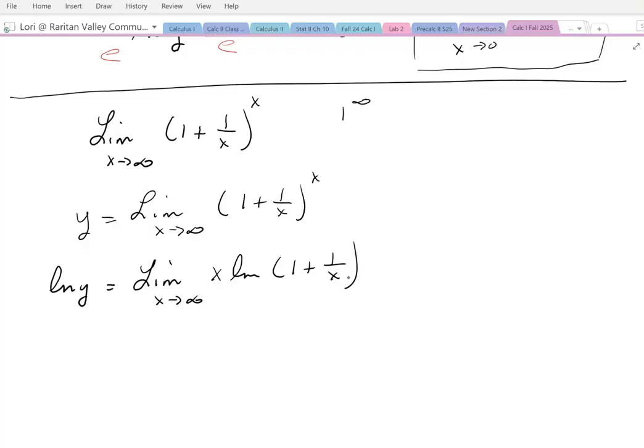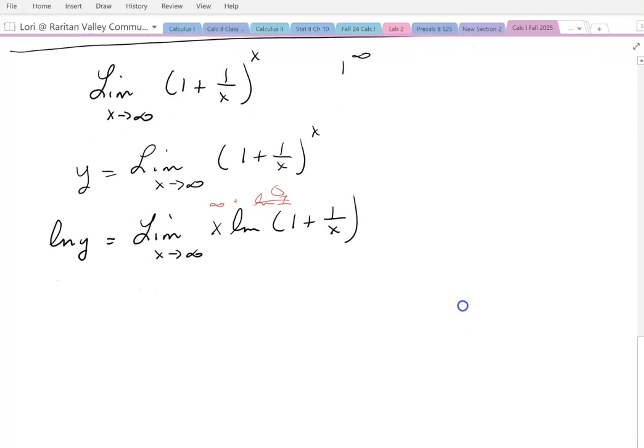Because I have infinity times 0, that would be infinity times natural log, and ln of 1 is 0. Because we have infinity times 0, I'm going to apply the reciprocal rule. So ln of y as x approaches infinity.